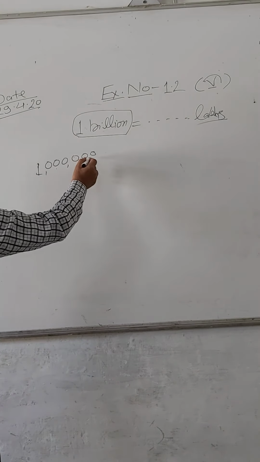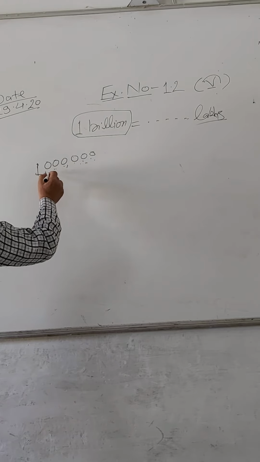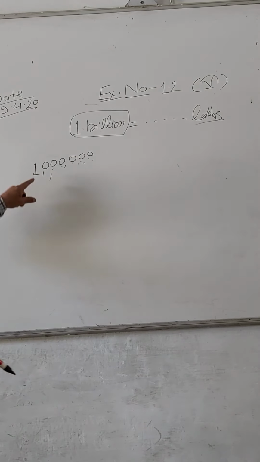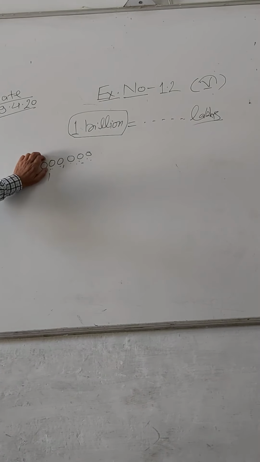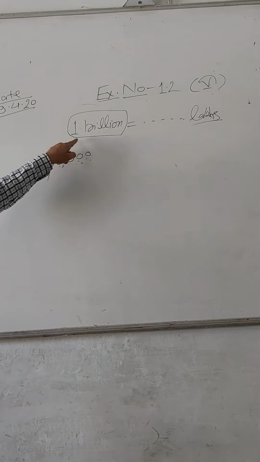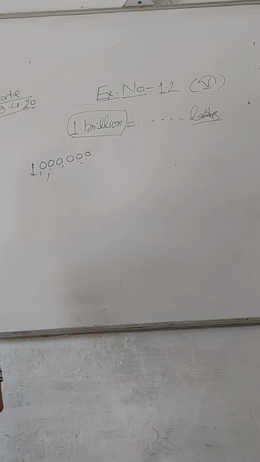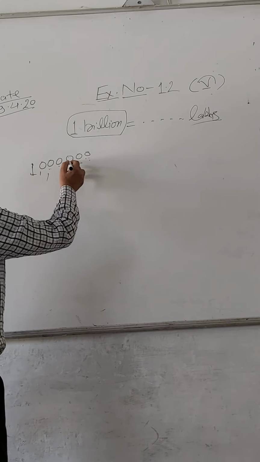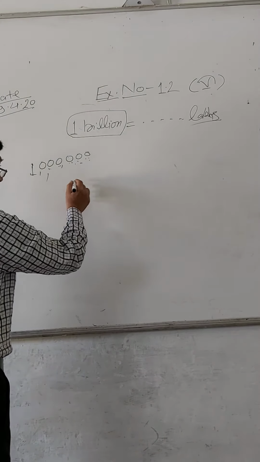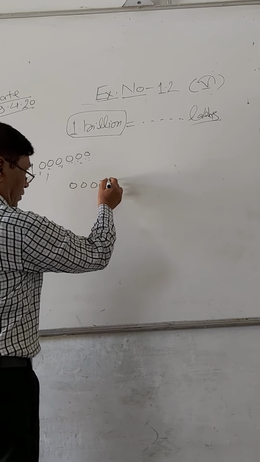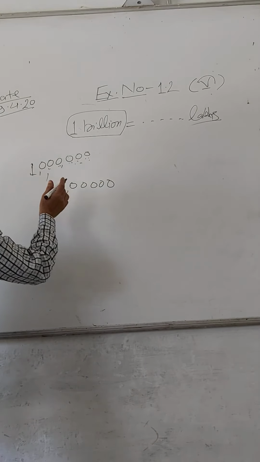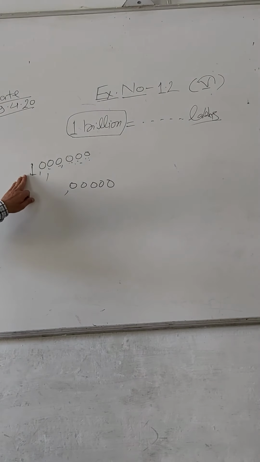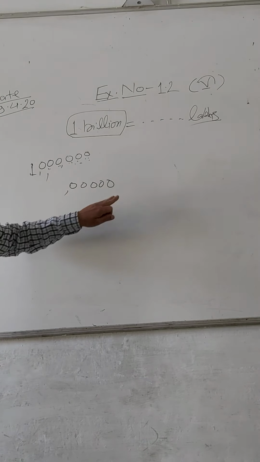So, after the 5 zeros, 1, 2, 3, 4, 5, put the comma here. So, how many lakhs is it coming? 10 lakhs. So, 1 billion will come 10 lakhs, because in lakhs, after the 5 zeros, whatever number you write will tell how many lakhs are there.